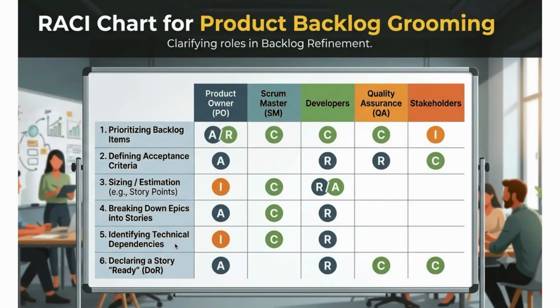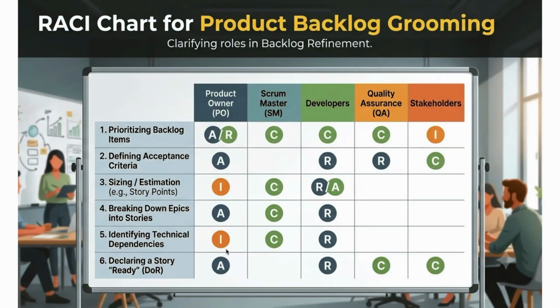Then identifying technical dependencies, product owner information, Scrum Master consultative role, and the development team is responsible to identify the technical dependencies. And declaring a story ready, accountability is with the product owner and the responsibility is with the developers. QA has a consultative role. Stakeholders also can have a consultative role.